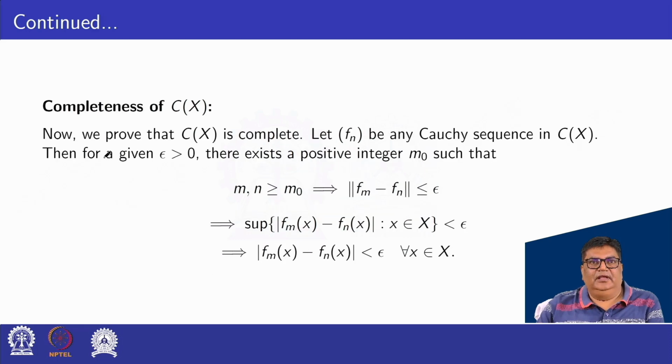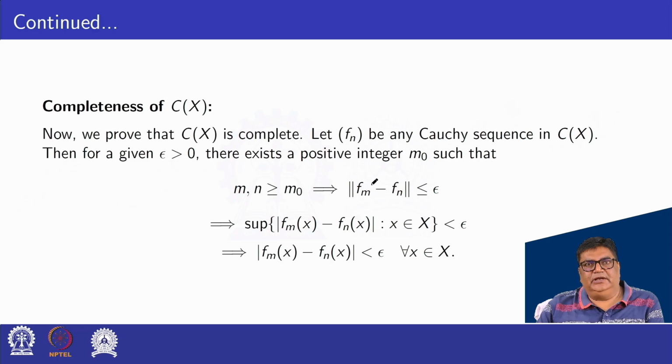Completeness. Now we prove that C(X) is complete. Let {fn} be any Cauchy sequence in C(X), then for a given ε > 0, there exists a positive integer m0 such that for m, n ≥ m0, ‖fm − fn‖ < ε.